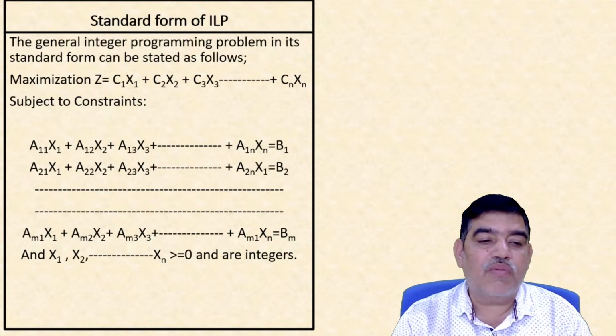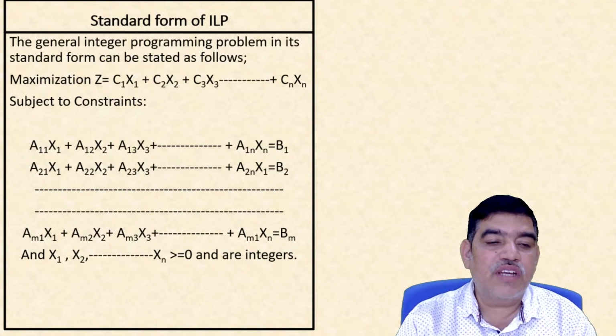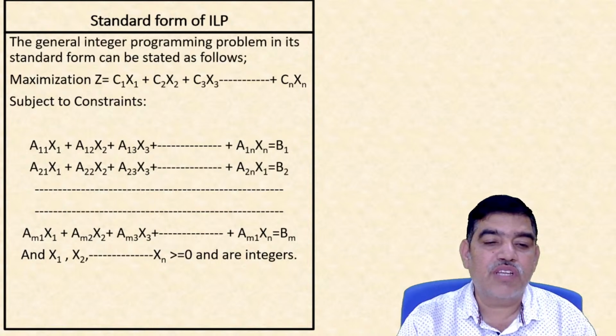Okay, so what happened here? That is the first row. Similarly, in the second constraint equation, we write a21 x1 plus a22 x2 plus a23 x3 up to a2n xn equal to b2.